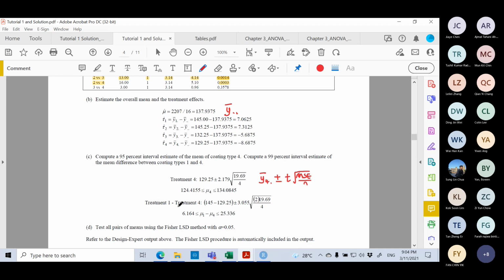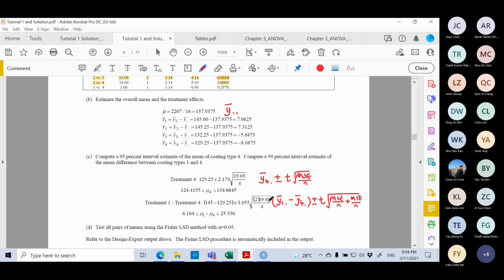If you are looking at the difference of two means, then this will be the 1 and the 4. So you have 1 dot minus 4 dot, plus or minus the t value, followed by the square root of, because you have a variance here and here, suppose you have MSE over n plus MSE over n.